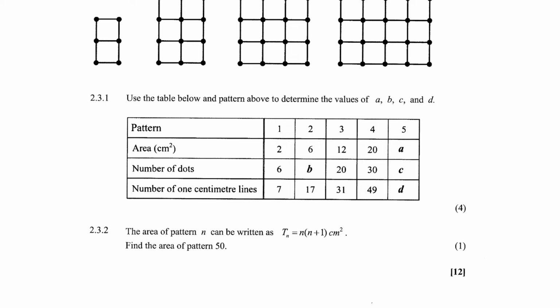So we have the general term of the pattern as n multiplied by n plus 1. This general term gives the area of the pattern in centimeter squared, and we have to find the area of pattern number 50.